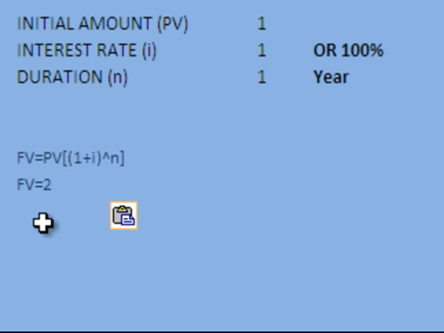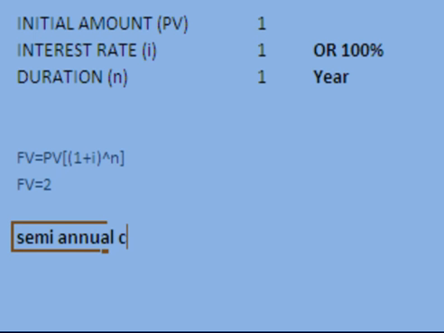Now what if we compound the interest semi-annually? In case of semi-annual compounding, we need to introduce another term which is known as the frequency term, which represents the number of compoundings in a year. We denote this frequency term with small m, and in case of semi-annual compounding this would be equal to 2.